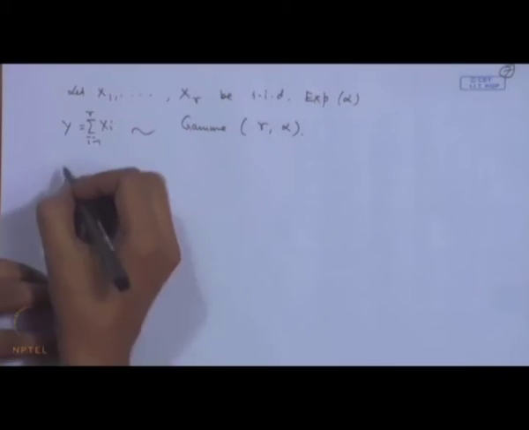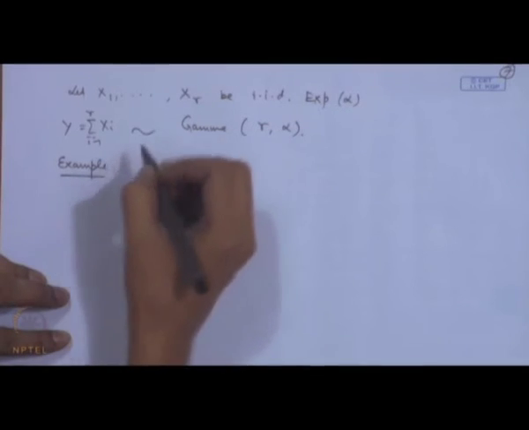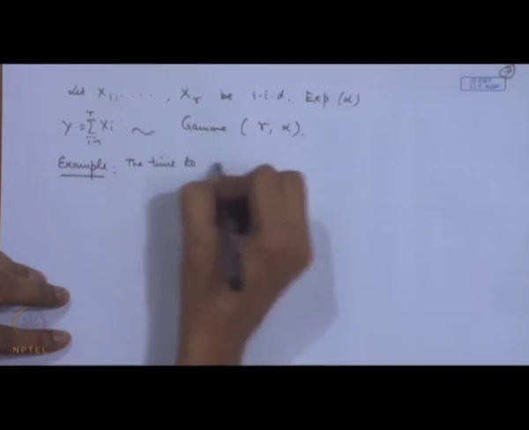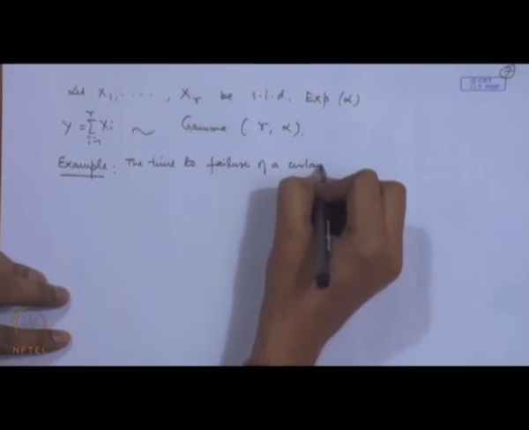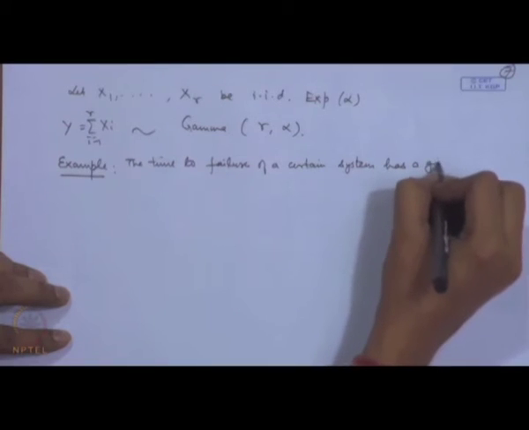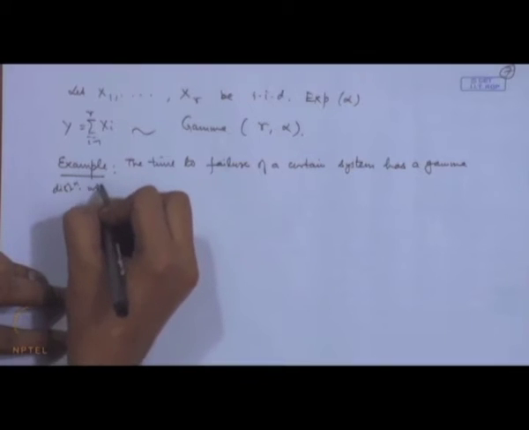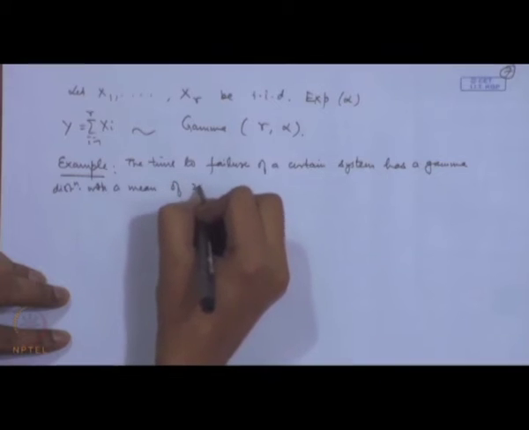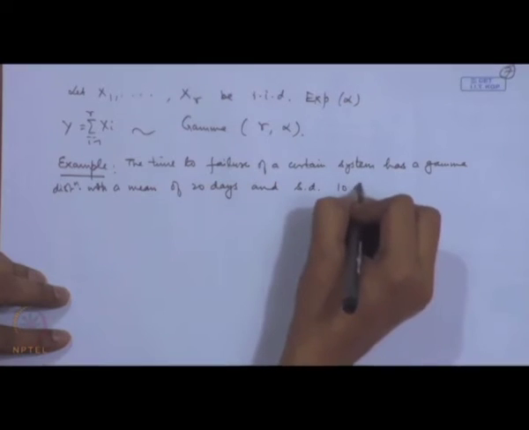Let me give an example here. The time to failure of a certain system has a gamma distribution with a mean of 20 days and standard deviation 10 days.